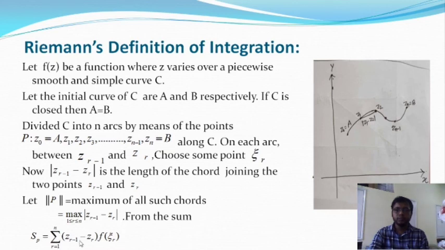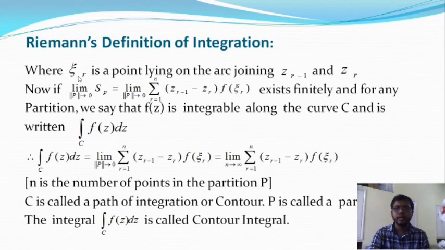Form the sum S_P equal to the summation over r equal to 1 to n of zr minus 1 minus zr into f of xi r, where xi r is a point lying on the arc joining zr minus 1 and zr.